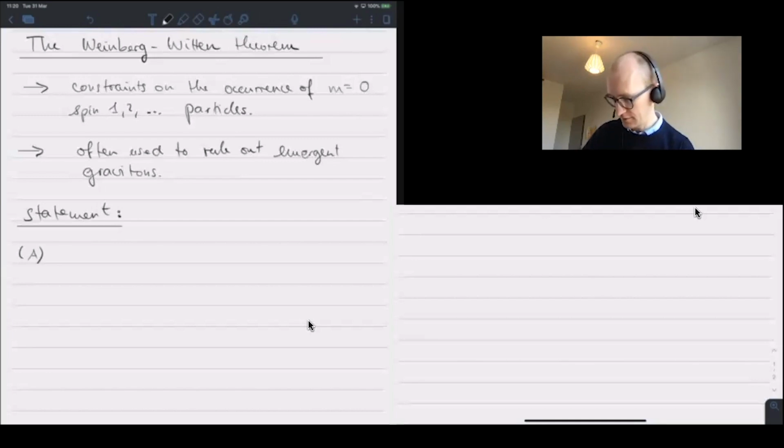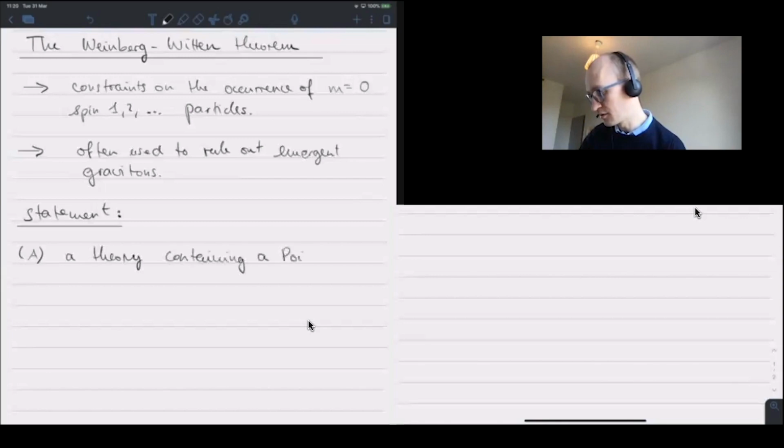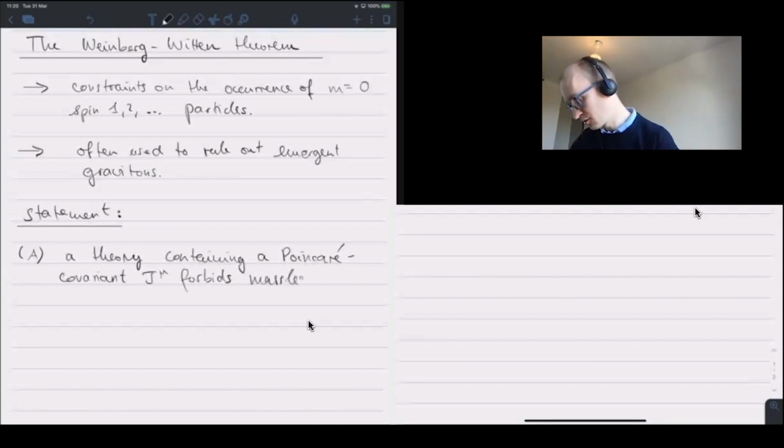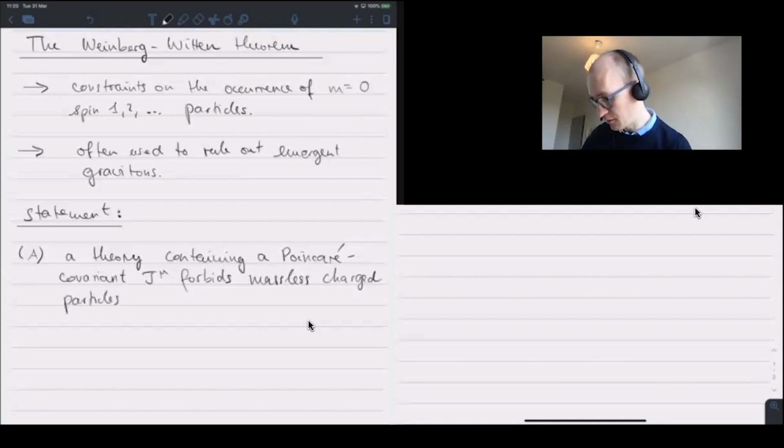So let me write it. A theory containing a Poincaré covariant J mu, something with one index, forbids massless charged particles of spin J strictly greater than 1/2.